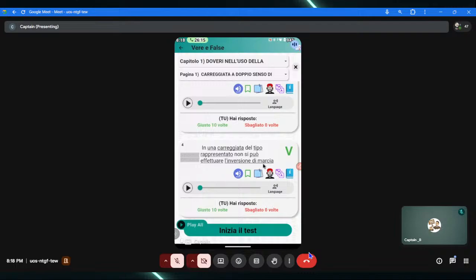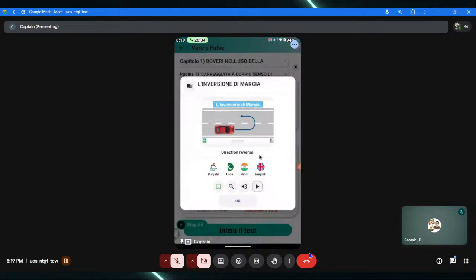In this road, the type represented, non si può, you cannot effettuare, meaning you cannot carry out, inversione di marcia. You cannot carry out a U-turn, which is like this. You see? You cannot carry out this U-turn. Yes, you can't, because in this road, if it is one-way circulation, there's no way you can carry out a U-turn.